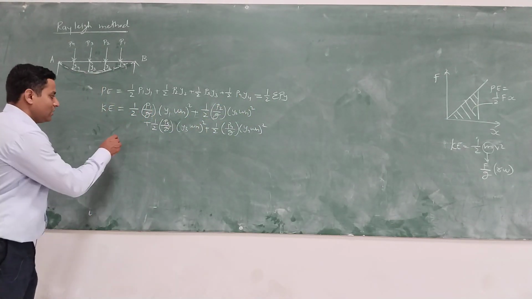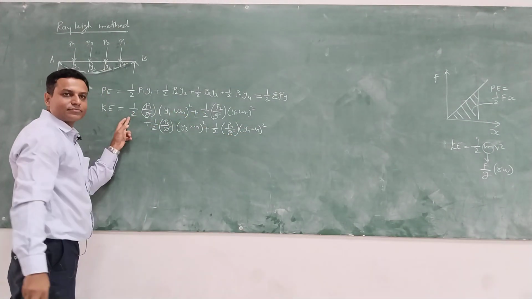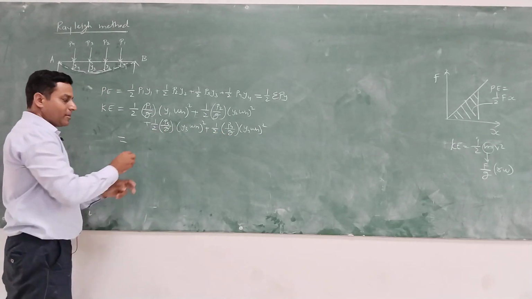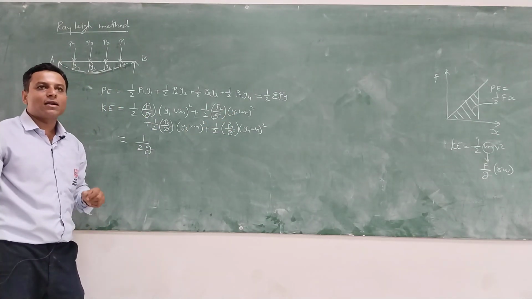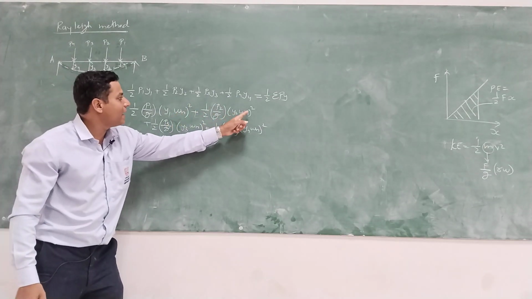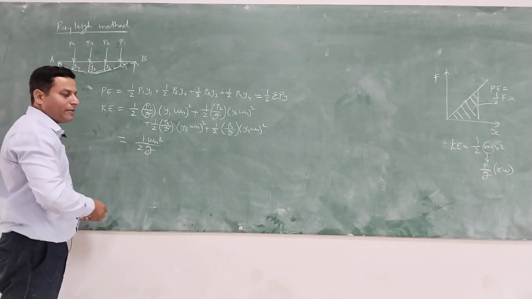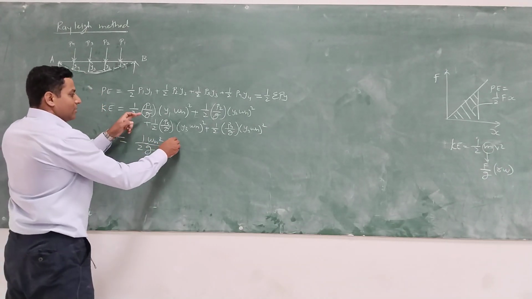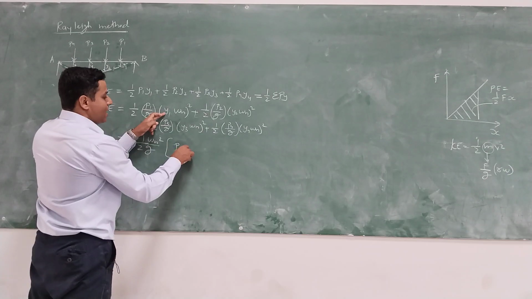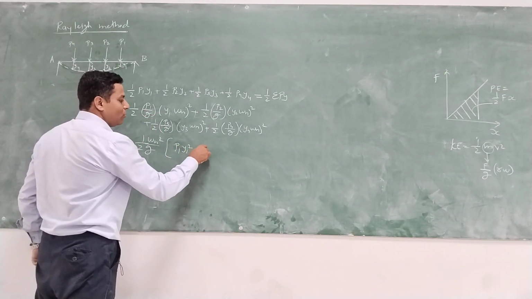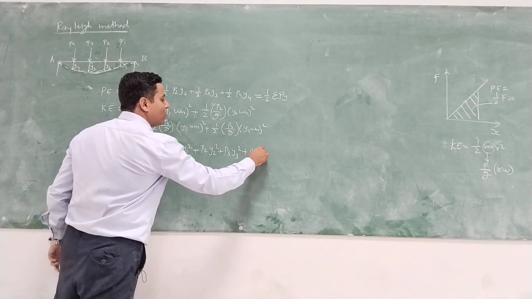Now kinetic energy, similarly we can modify. Here you can see 1/2 by g is common, and another term omega n square. So I'll take it out, omega n square. So in bracket, what will we get? P1 y1 square plus P2 y2 square plus P3 y3 square plus P4 y4 square.